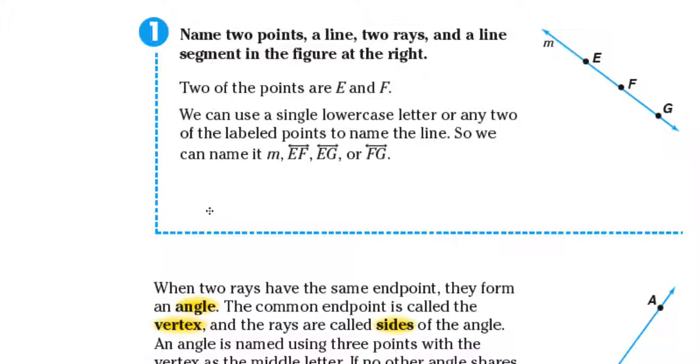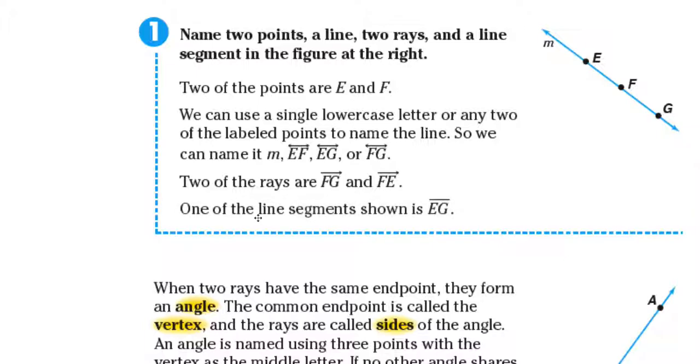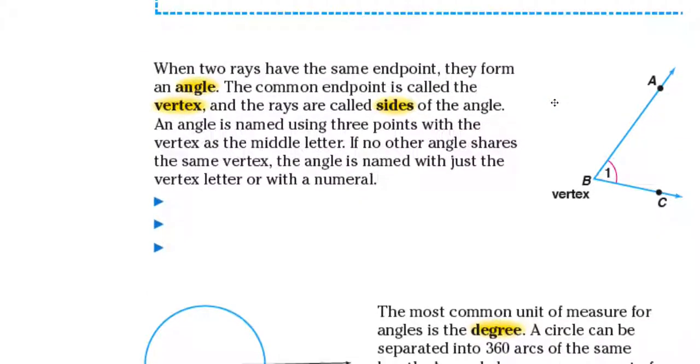Two rays that we can name are ray FG and ray FE. And finally, one of the line segments would be segment EG. Another can be segment FG, another one can be segment FE. So let's move on.